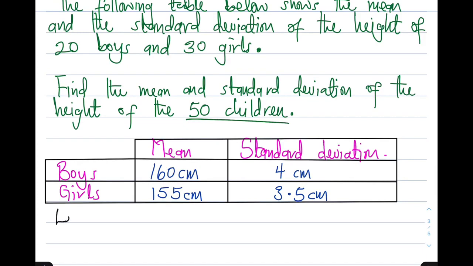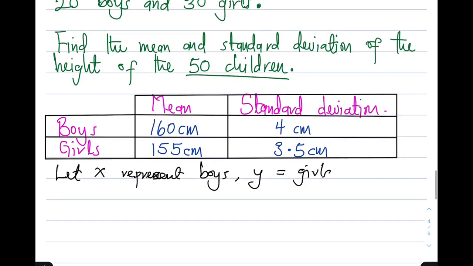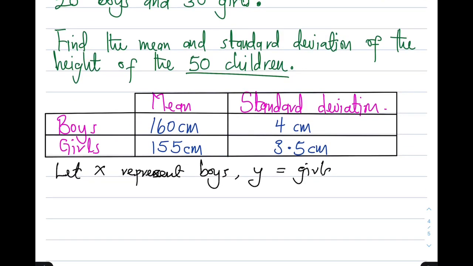We can say that let x represent boys. Okay, so that when we are dealing with x, we know we are talking about the boys. Then we can say that y should represent girls. All right, so this is the first thing that you want to do, so that when you are talking about x and y, the examiner knows what x represents and what y represents.